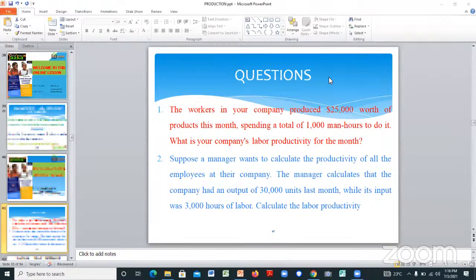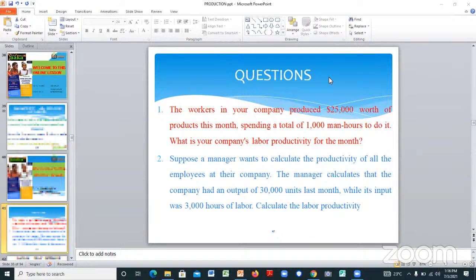So according to the question we have, they have given us the output, the total number of output, and we also have the total number of hours that has been taken by a certain group of labor.